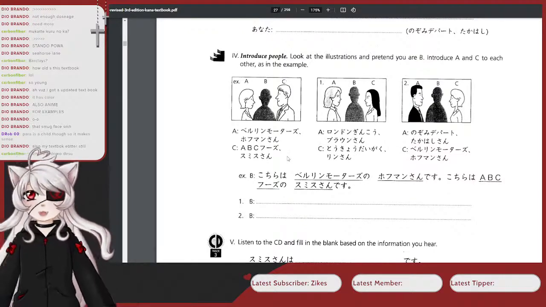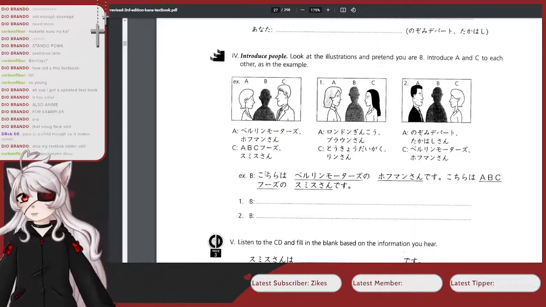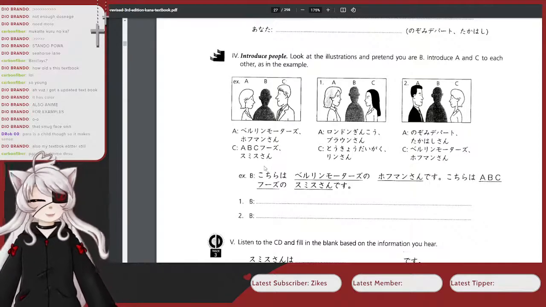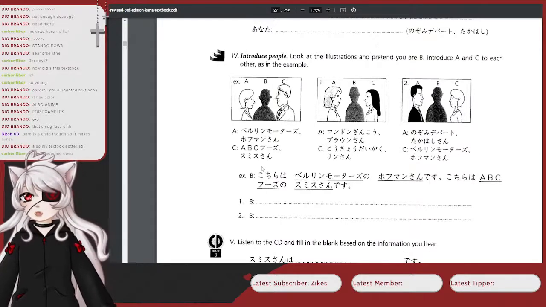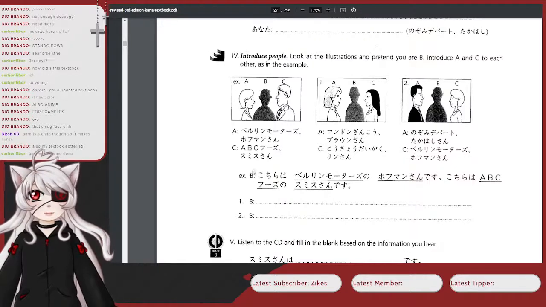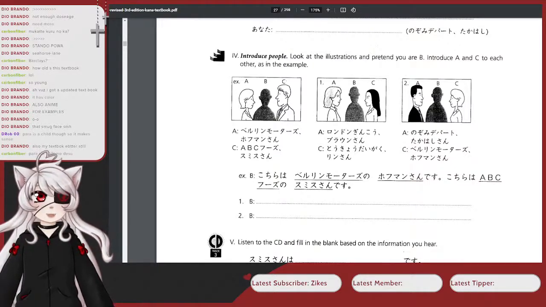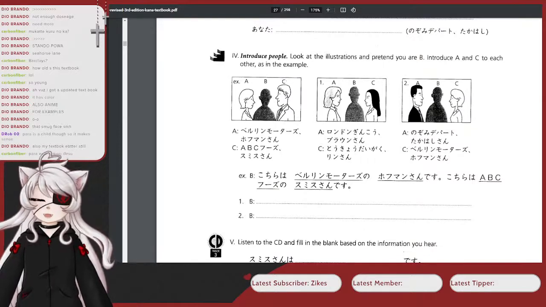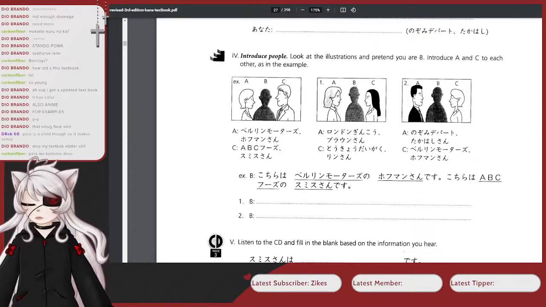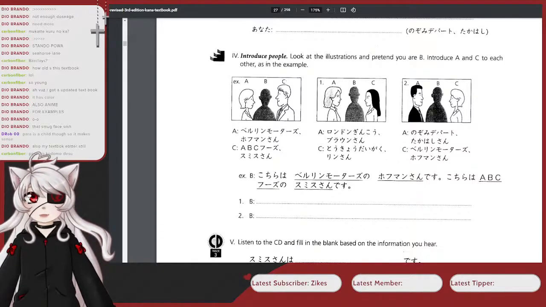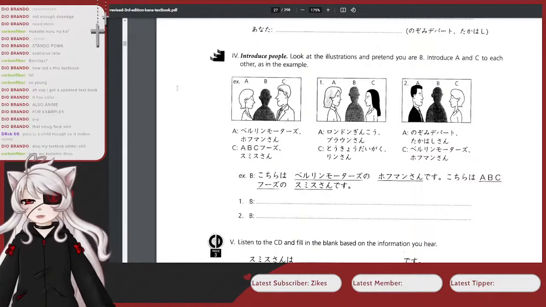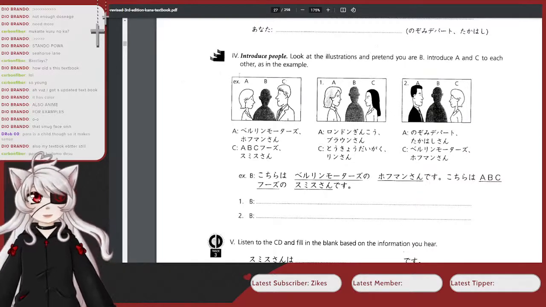Kara wa kodomo desu. Hai. Kara wa tottemo, how do you say tottemo umarai desu.